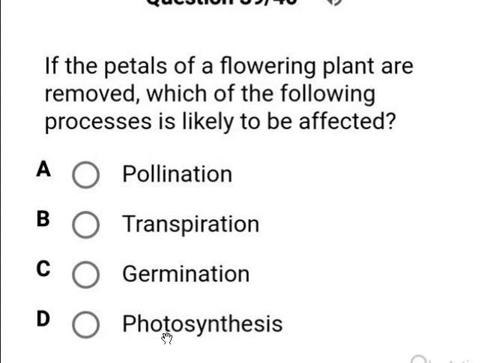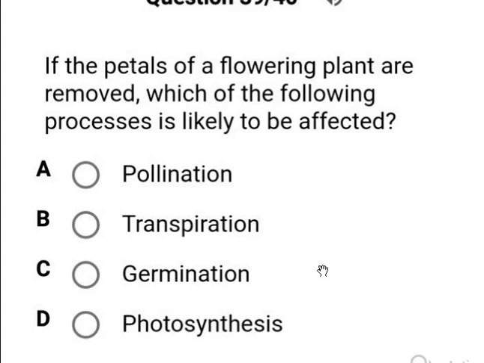So A is likely to be affected, which is pollination. Transpiration is not affected. When the petals of the flowering plant are removed, germination and photosynthesis are not affected either. What is affected here is pollination.